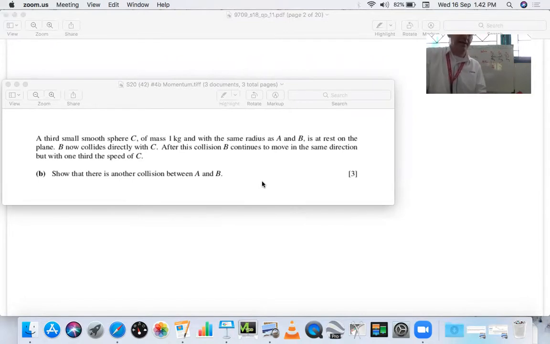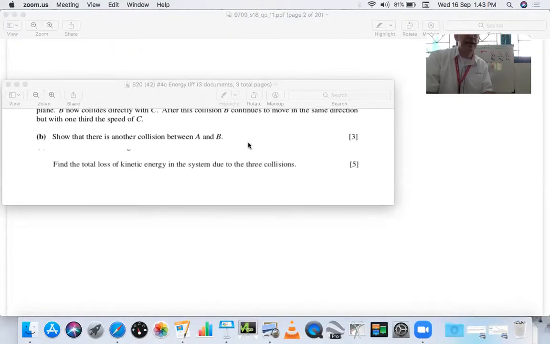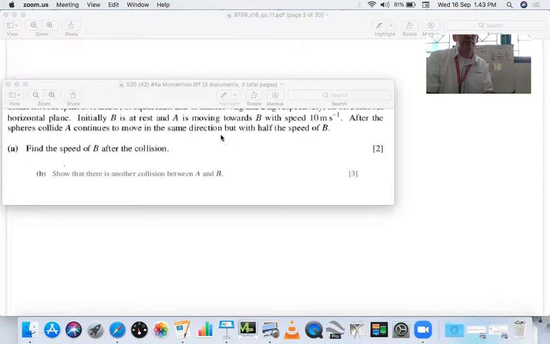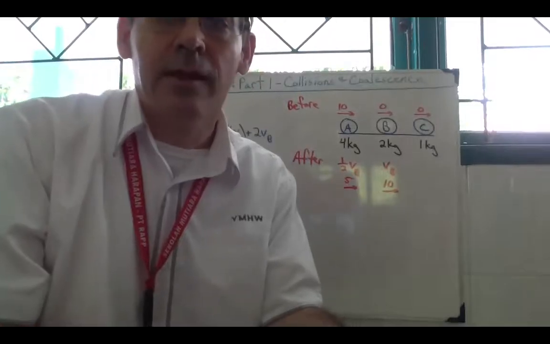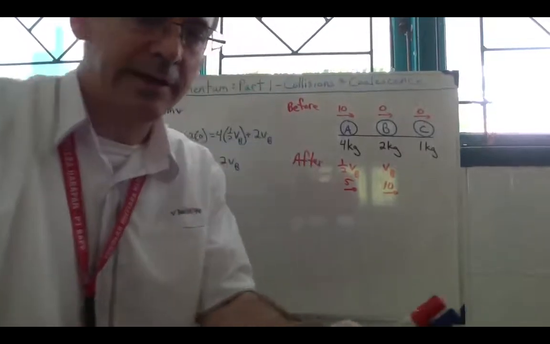B now collides directly with C. After this collision, B continues to move in the same direction, but with 1/3 the speed of C. Show that there is another collision between A and B. Okay, we've got one more after that. We'll come back and look at that third part later.